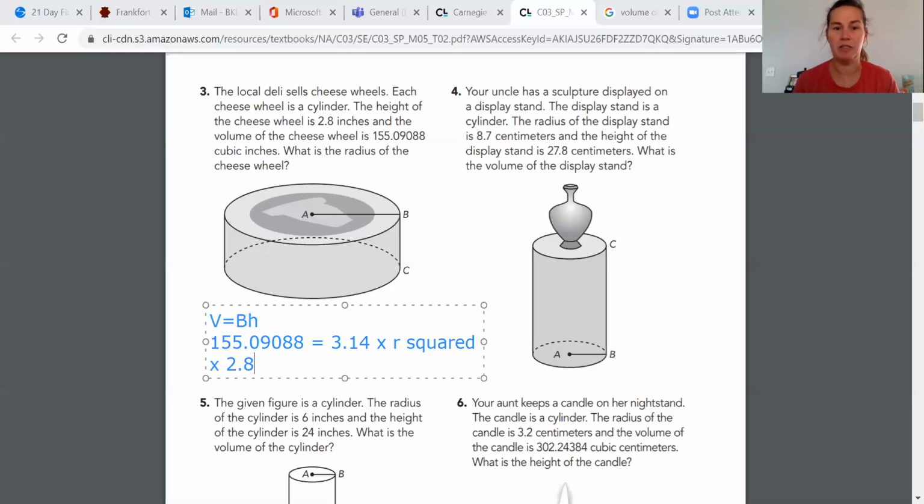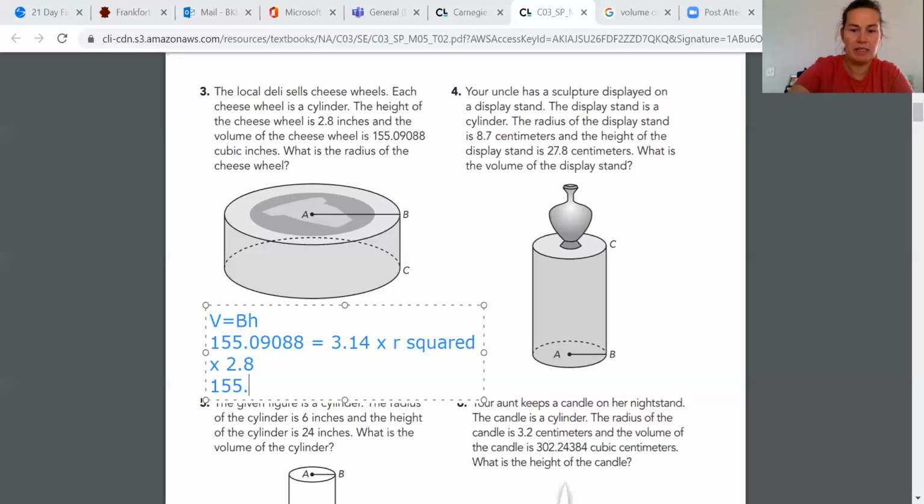I don't know what the radius is, but because those are all multiplied, I can actually do 3.14 times 2.8, which is 8.792. So now I have 155.09088 equals 8.792 times r squared.